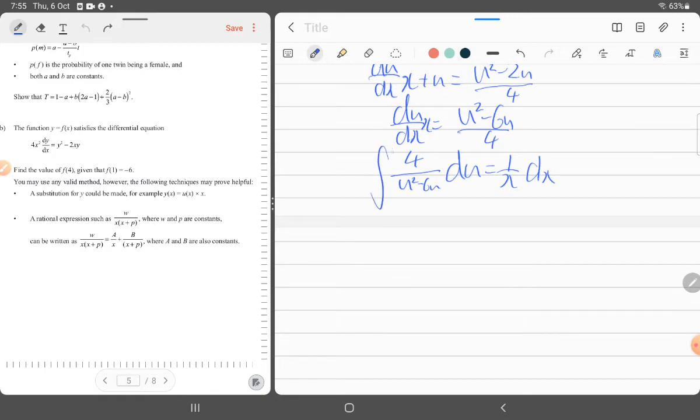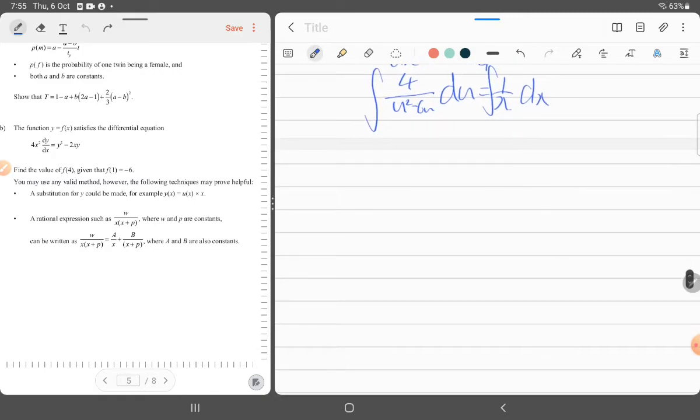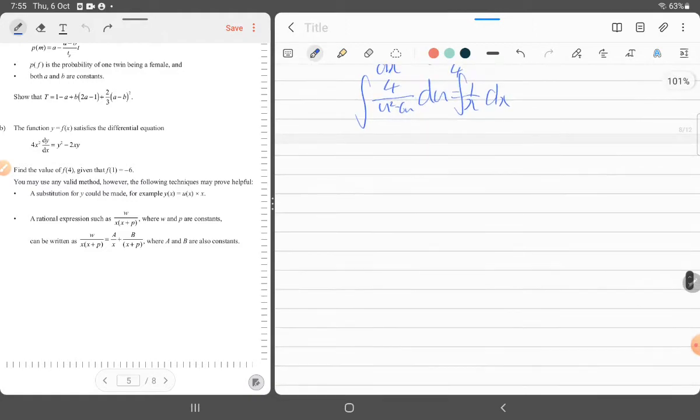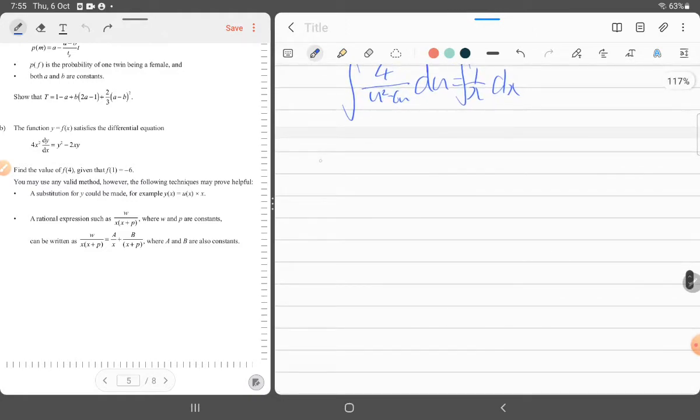We can integrate both sides. So here is where the trick comes in. We can split 4 over u squared take away 6u into a over u take away 6 plus b over u.